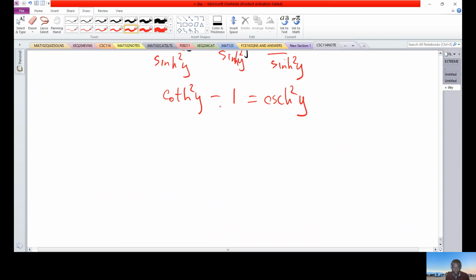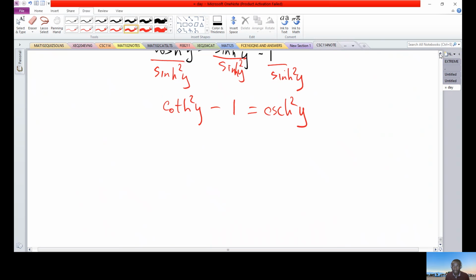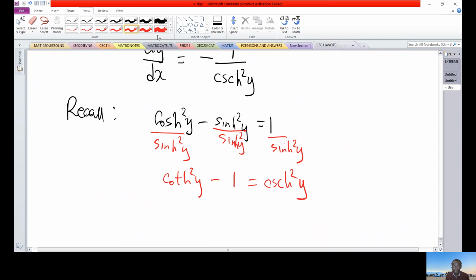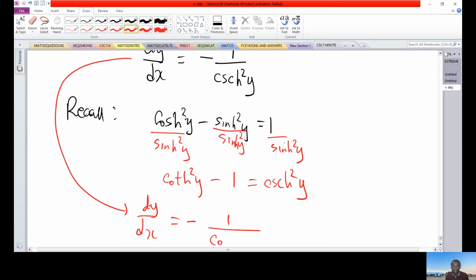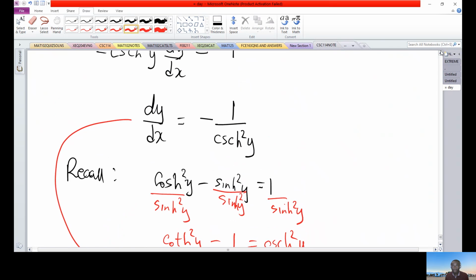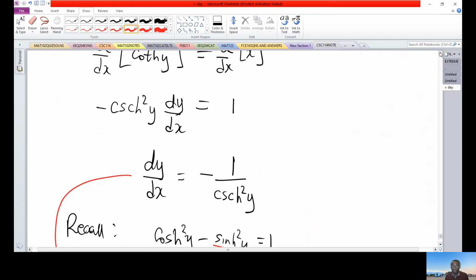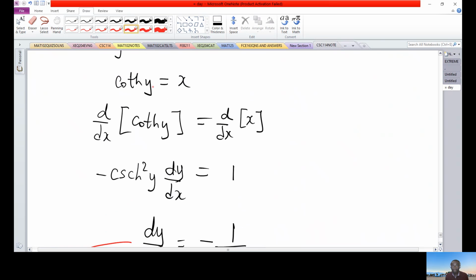So which means that now this derivative here becomes dy/dx equals negative 1 over, so instead of writing hyperbolic cosec squared of y, we write cot hyperbolic squared of y minus 1. But you remember that from the word go, we have hyperbolic cot of y is x.